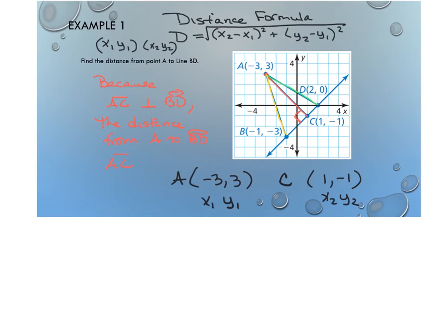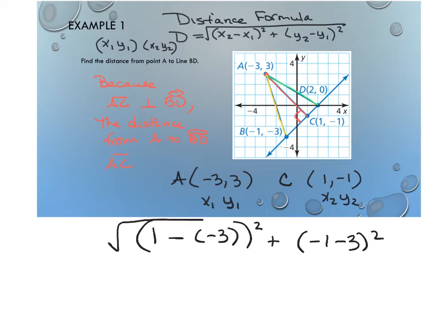So let's plug it into the formula. I'm going to do 1 minus negative 3 squared plus, then I take the y's, negative 1 minus 3 squared, and it's all under the square root. This is going to give me the length of AC once I subtract, square, add, square root.